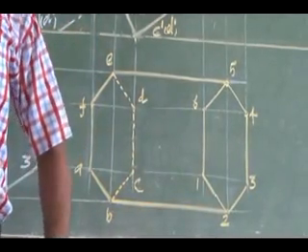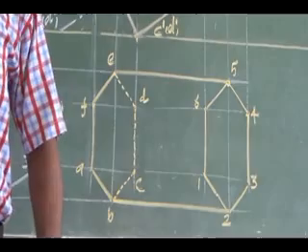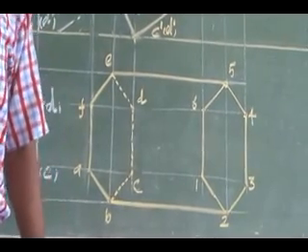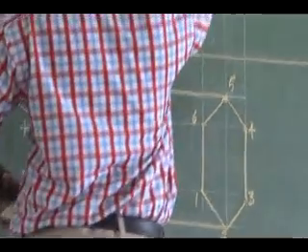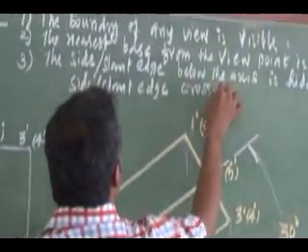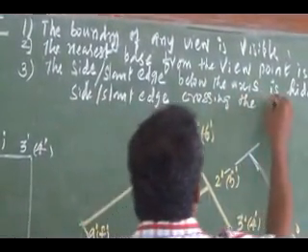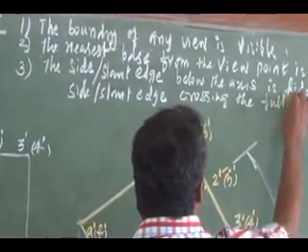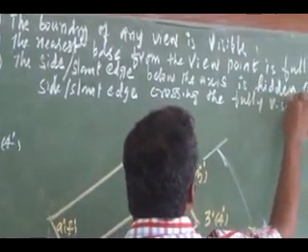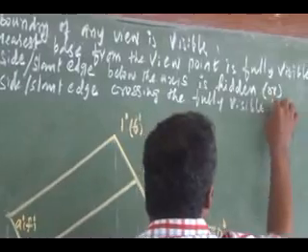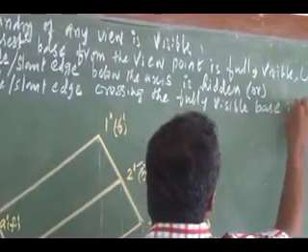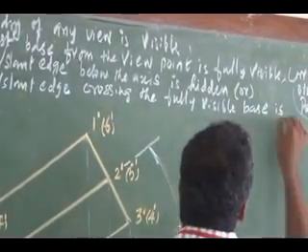If a side or slant edge crosses the fully visible base, that will be a hidden one.